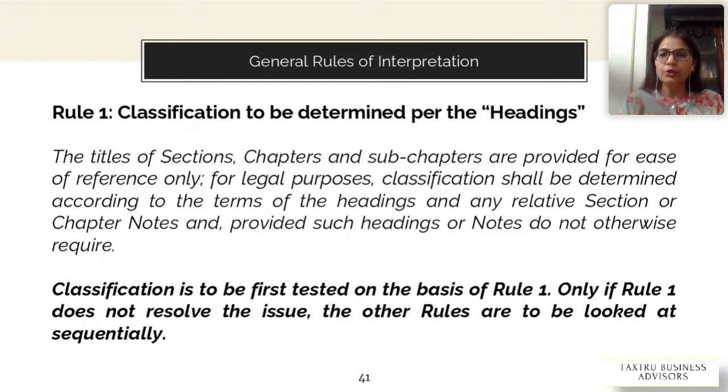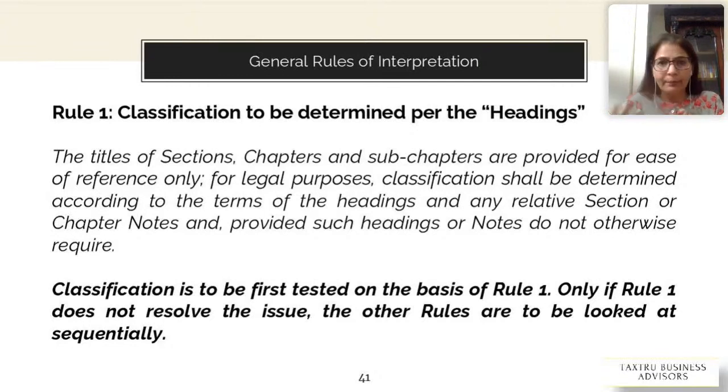And if you are able to classify your good in any of the chapter notes or in any of the classifications that have been prescribed, then there is no further requirement to research further rules. That means in case there is some kind of ambiguity, or some kind of difficulty, or we are confused whether to classify it under this particular chapter or some other chapter, only then do we have to resort to the rules.